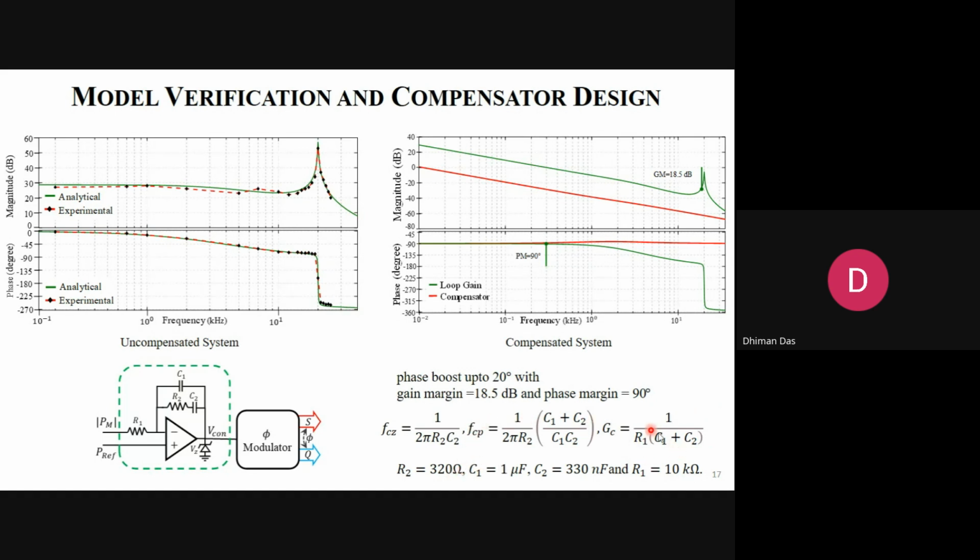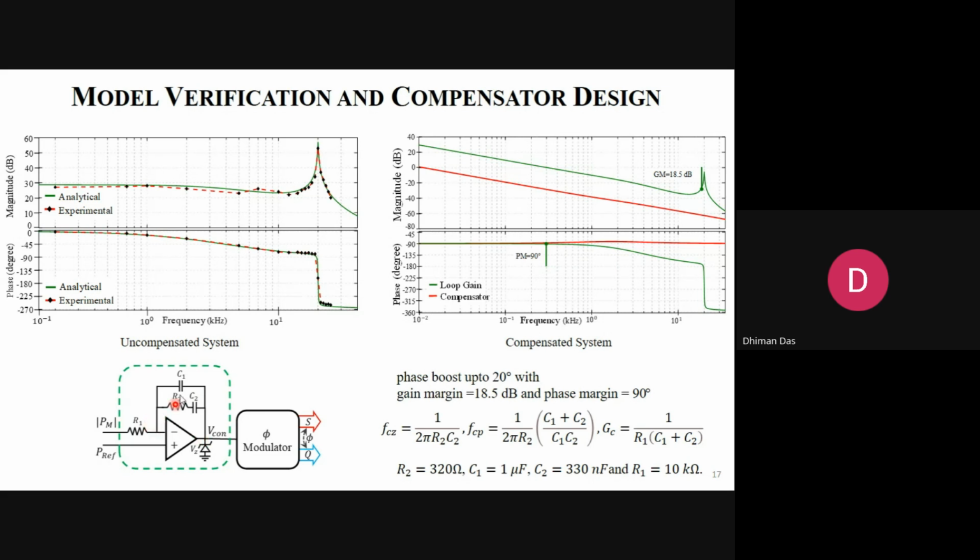So now if you do the Bode plot of this and do the phase and gain calculation, then you need to know the pole frequency and the zero frequency, and you can end up with these values. These are the practical values. You need to put these values in this controller, then you can get this kind of gain margin and phase margin.